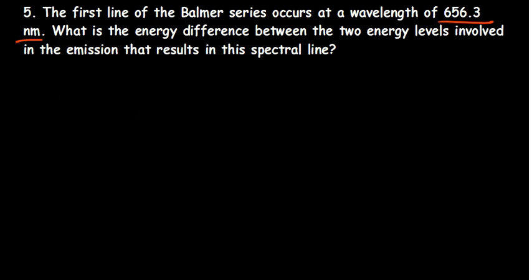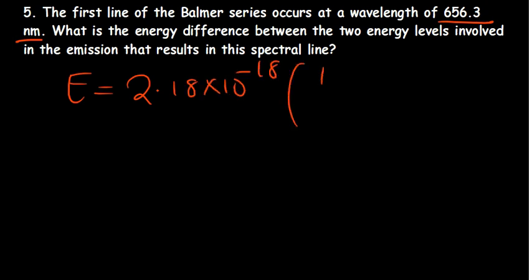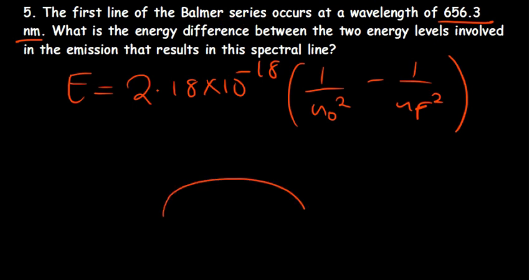The formula is, let me just work with it in the positive form, 2.18 times 10 to the power negative 18, and then 1 over the initial squared minus 1 over the final squared. Why am I saying this? The Balmer series involves the movement of electrons to the second energy level, because the first one is called the Lyman series.